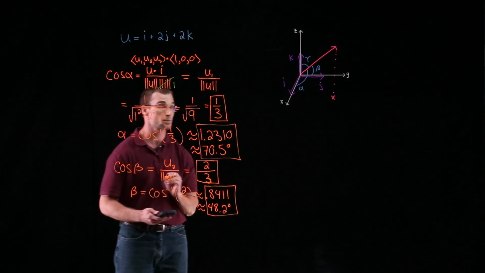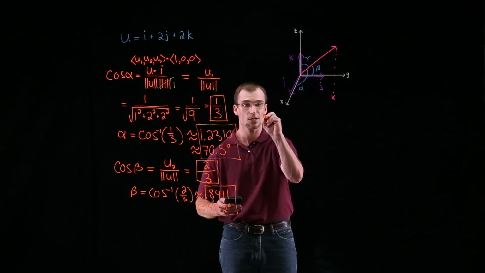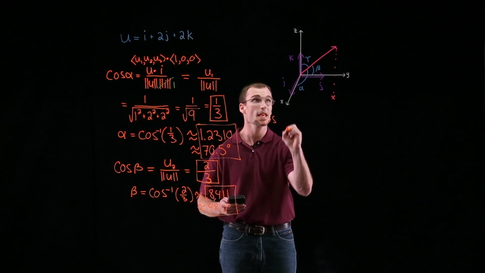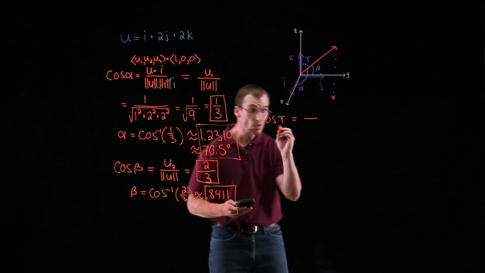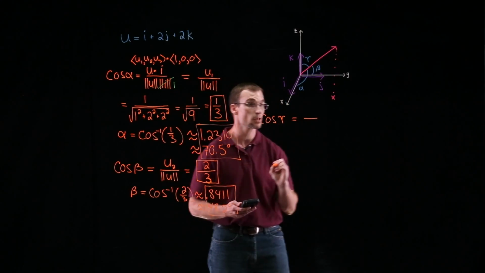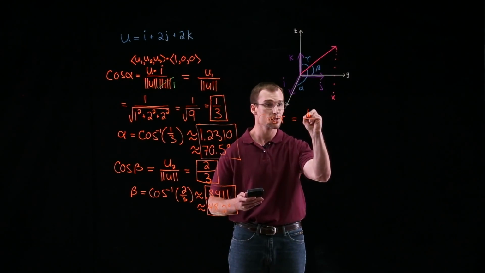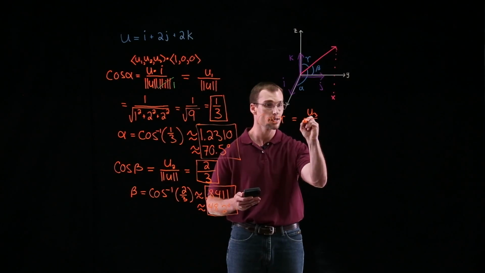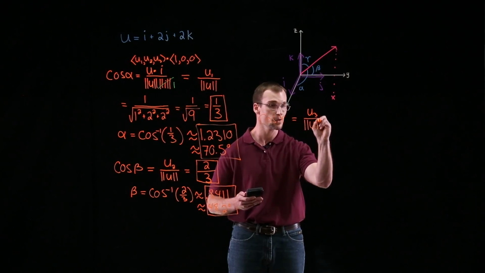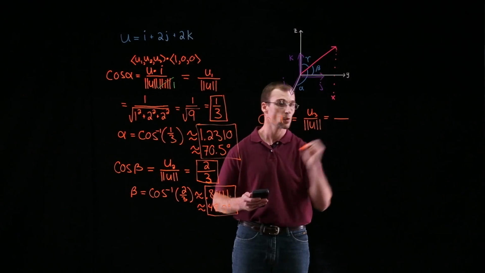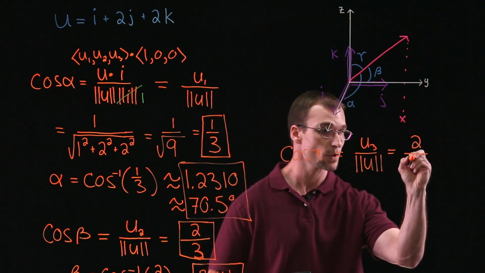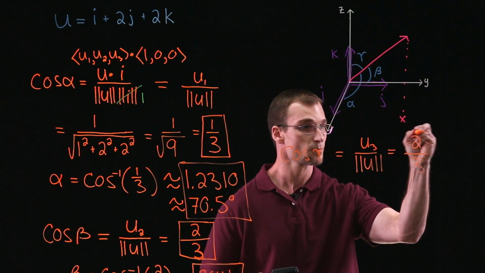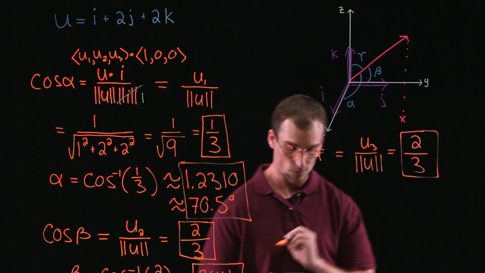Okay, and last but not least, we'll find the direction cosine of our last angle, gamma, which again is the angle between u and the unit vector k. So the top is just going to be the third component, u3, over the magnitude of u, which is 2 over 3.